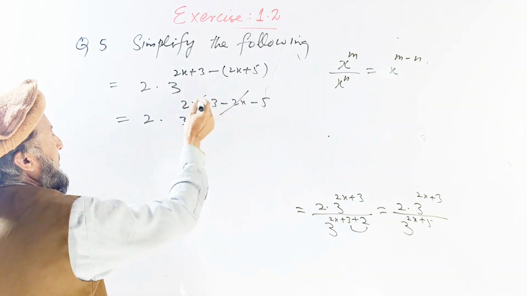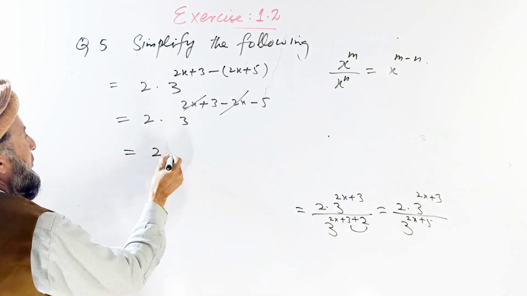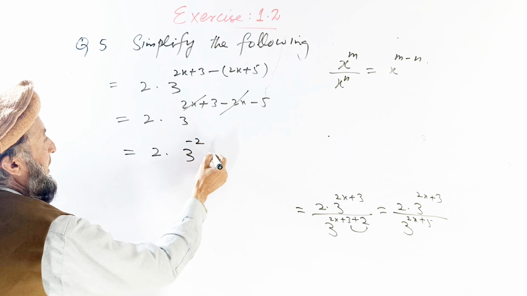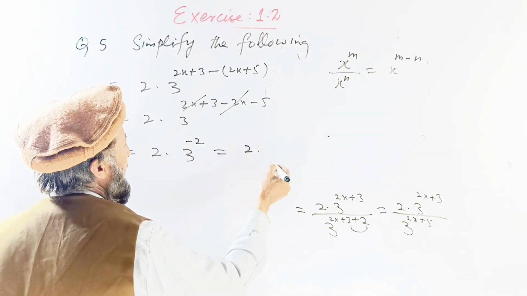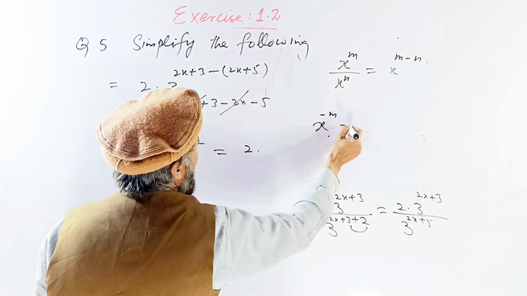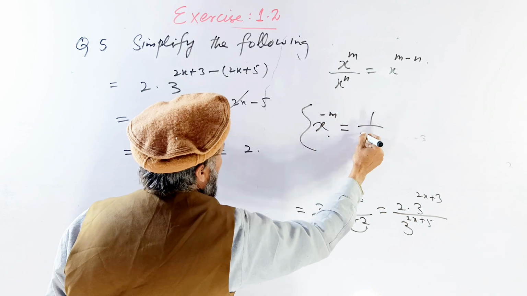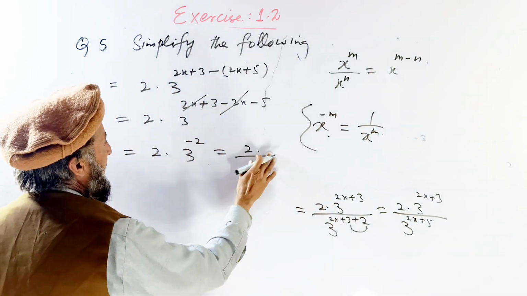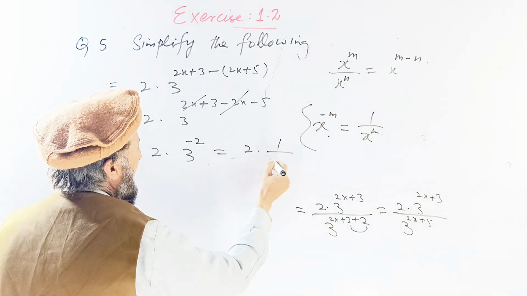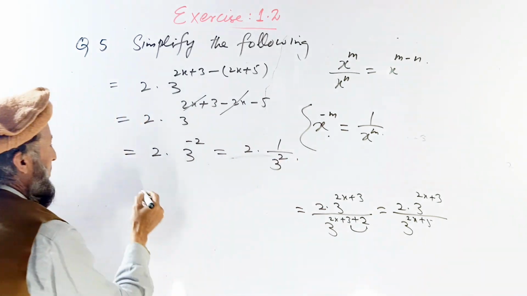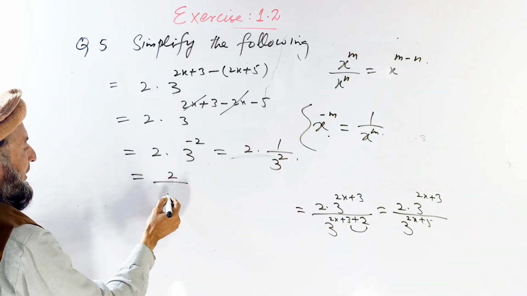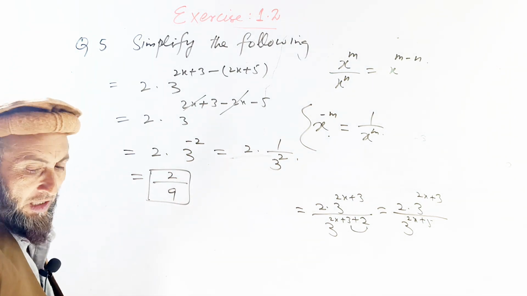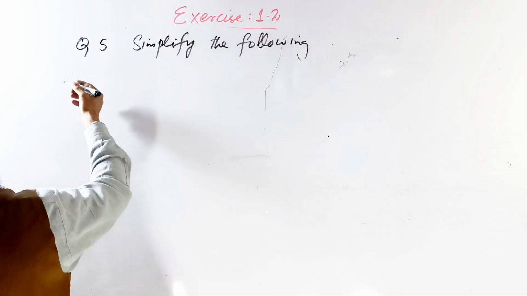Now minus 2x plus 2x are cancelled. We get here 2 and 2 3, 3 minus 5 we get minus 2, is equal to 2 and 2, we change according to the negative power rule, so we change into positive, and here we can write 1 divided by, next step. Here I am doing 3 power square, so we get 9. 2 divided by 9 is the answer of this question.